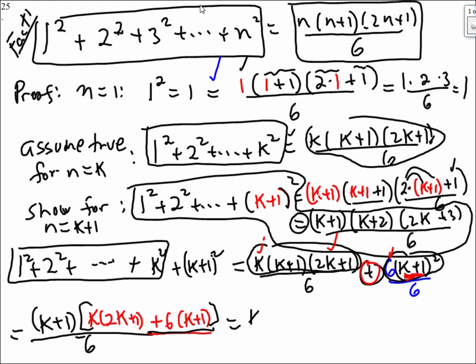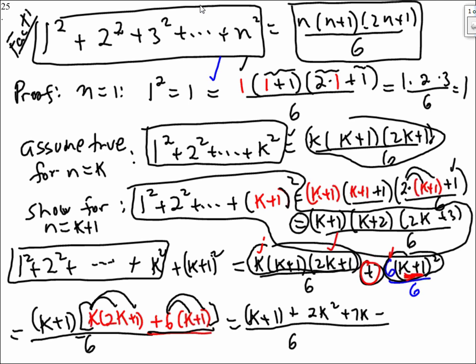So this is k plus 1 times something else all over 6. What is that something else? Well, you have 2k squared, plus k, plus another 6k, that's 7k, plus 6.